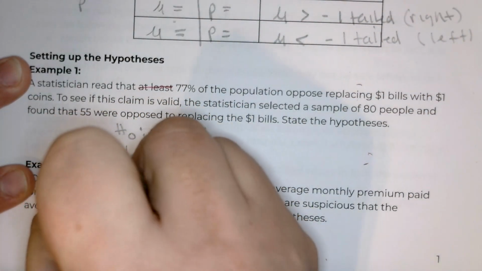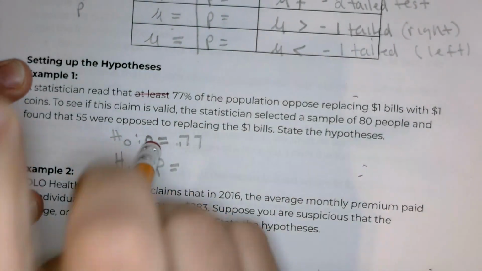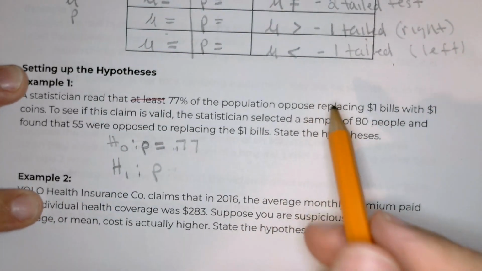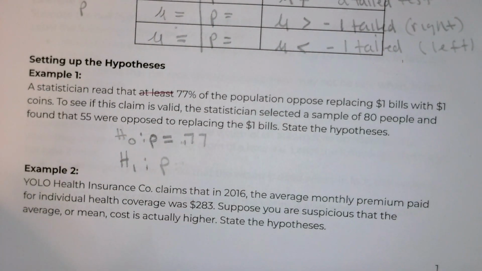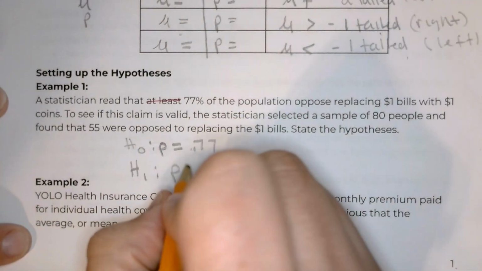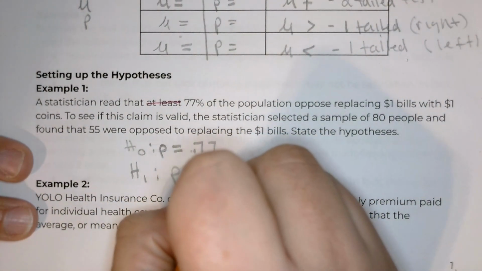That would mean that our alternative hypothesis is, well, what do we think? Well, it doesn't say in this one whether we think it is greater than or different or anything. But the null hypothesis does say at least, so we can assume that we are testing the opposite. So we have the proportion is less than 0.77.